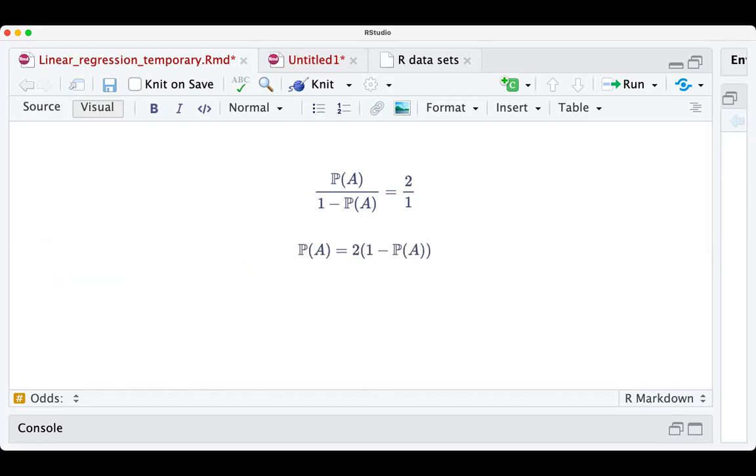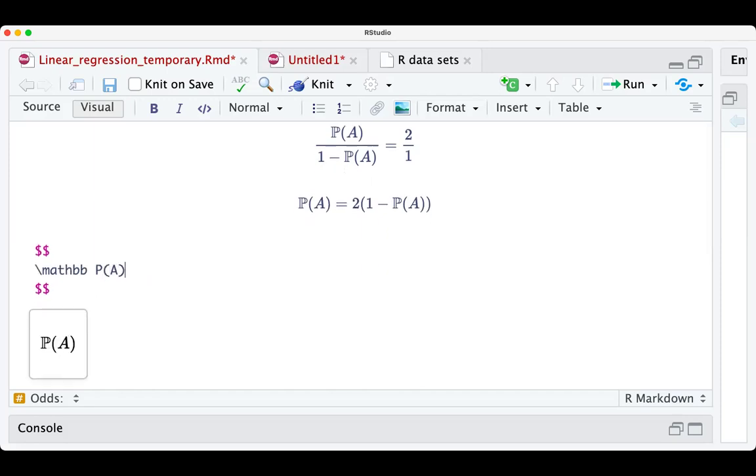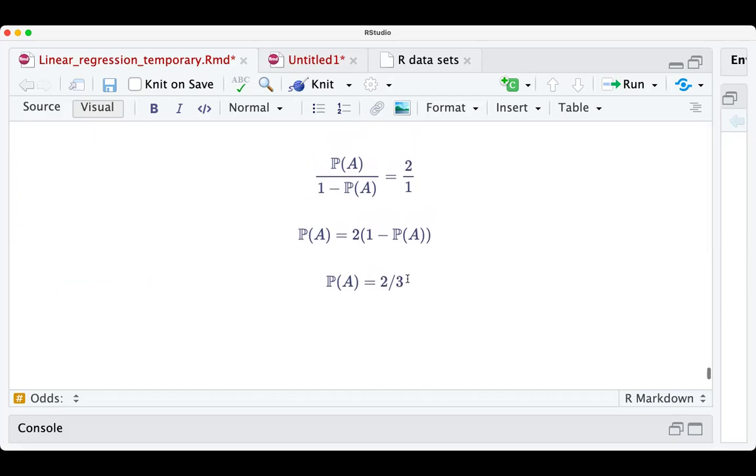And this means that the probability of A here is equal to 2 divided by 3, something like that. So you see, 2 divided by 3 is 2 times 1 divided by 3.